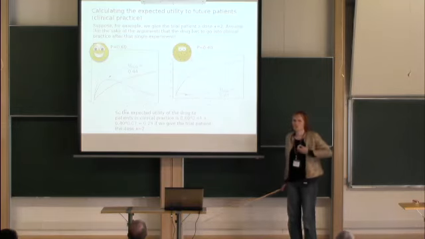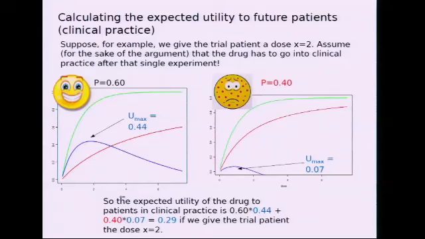that allows us to assess the impact on the utility of future clinical practice patients from the information gained from the experiment to give a certain candidate dose, for example x equals 2, to the first trial patient.